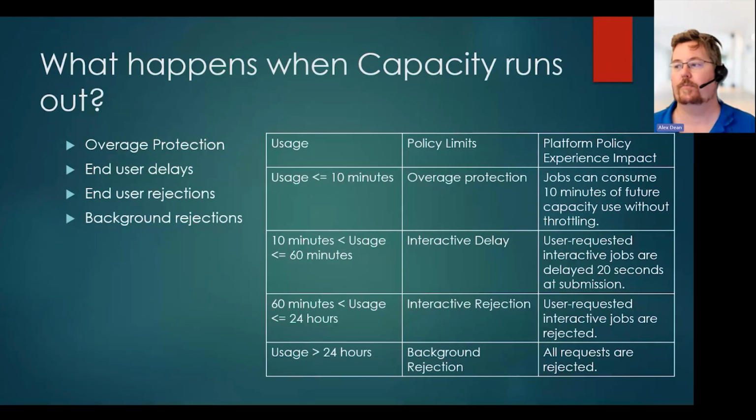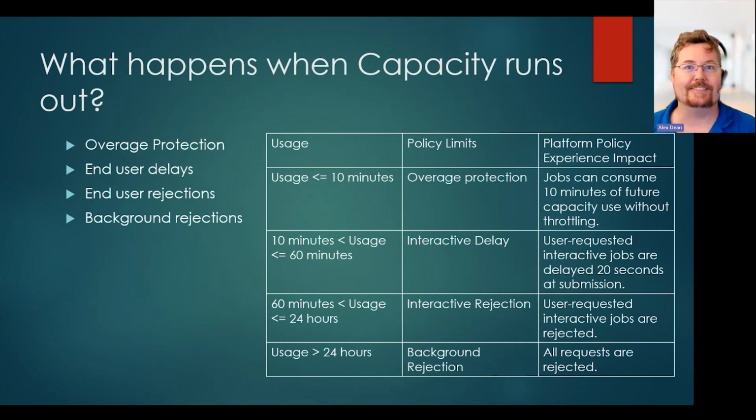You'll have to wait. And then if it's more than 60 minutes, but still less than the capacity I still have available for 24 hours, then I'm still going to let the background jobs run. I'm not going to touch the background jobs, but the front end, no, you can't do anything. You will get nasty error messages, execution denied.